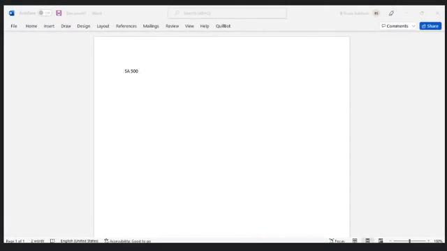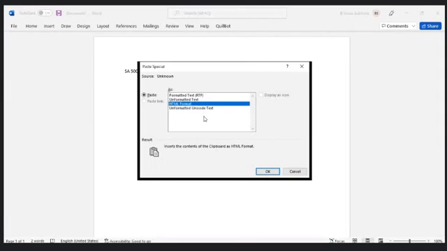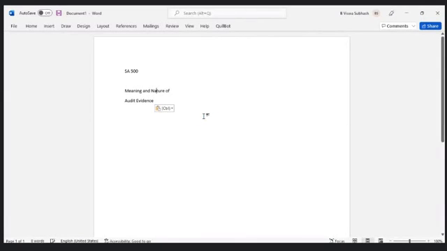Okay, let's start with something simple. Let's talk about the meaning and nature of audit evidence. What exactly constitutes audit evidence? So, what are we talking about when we use the word audit evidence? It is basically three things.